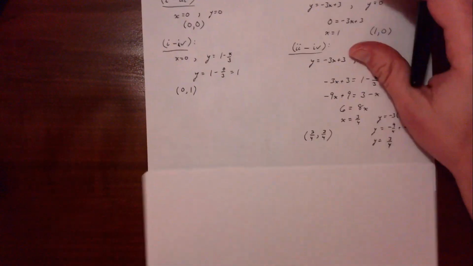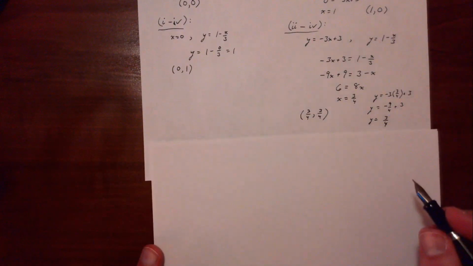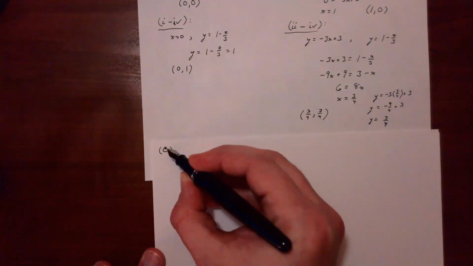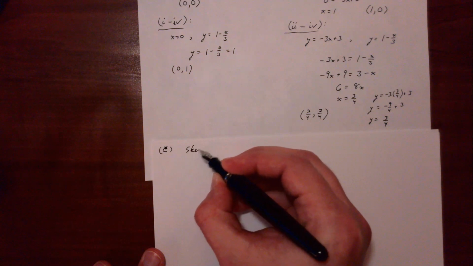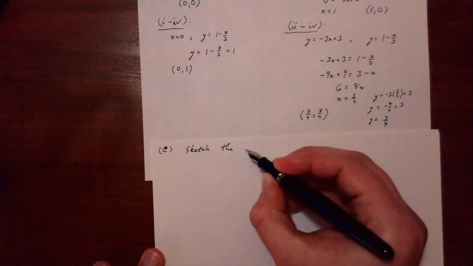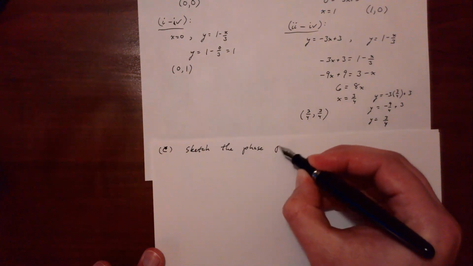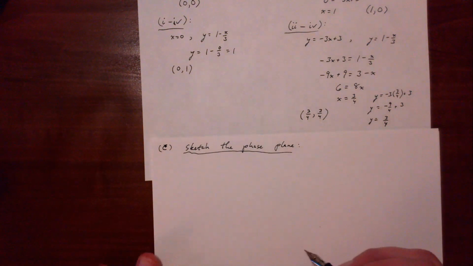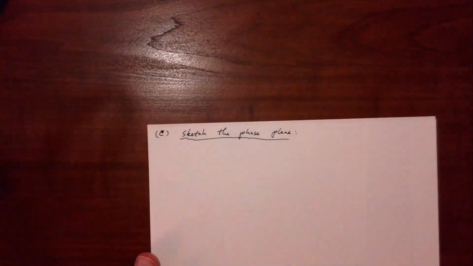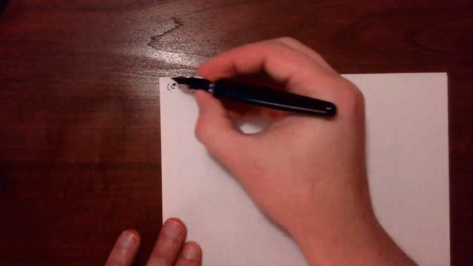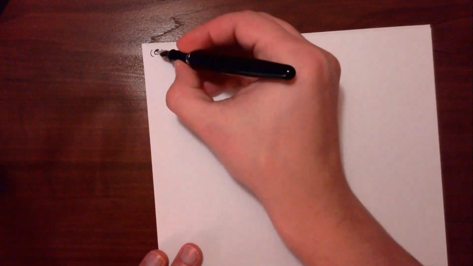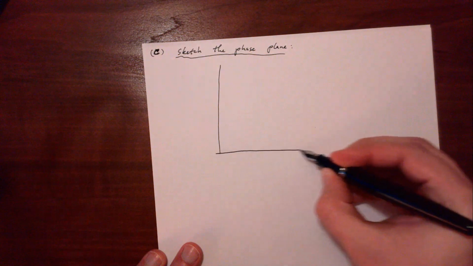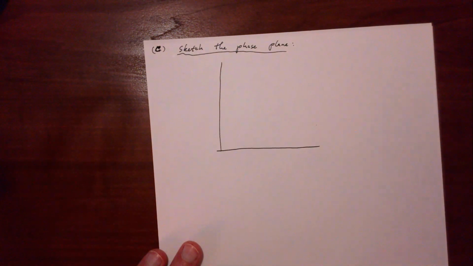So now let's try to use the information that we've got to actually sketch what we can of the phase plane. All right, well, if these are two species of animals, we don't have to worry about negative values of x and y. So we can actually just confine ourselves to the first quadrant.